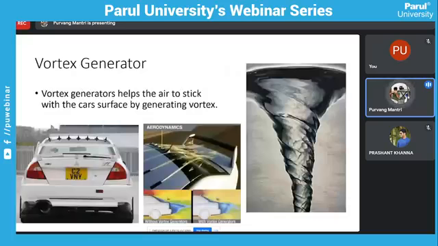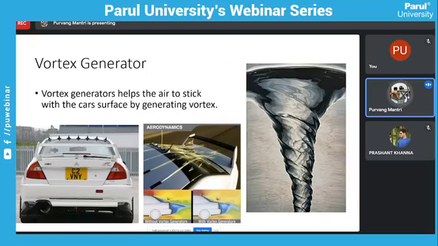And lastly, as we said, we have vortex generators. Now, a vortex is something we have tried to make with our water bottles in our school days. We used to twist our water bottles and generate a vortex in them. This is the vortex, which we call bhavandar in Hindi.